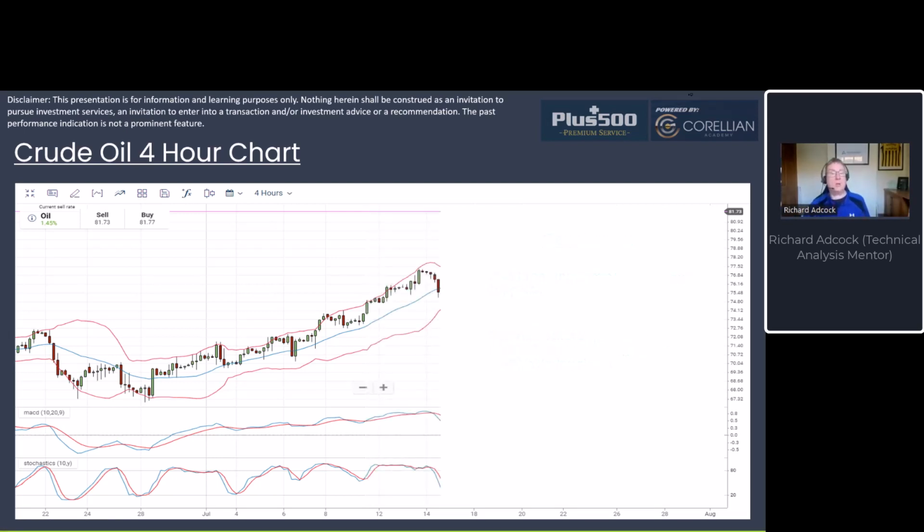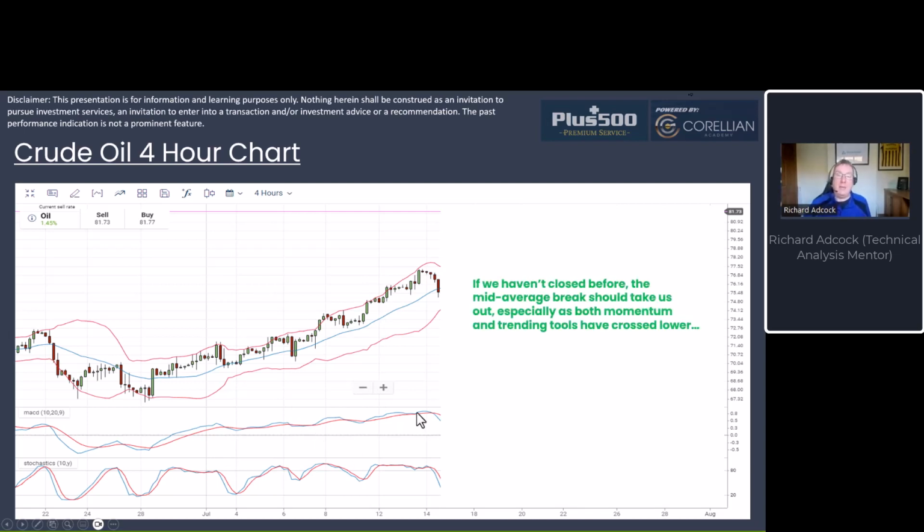And then as the market developed that move, we extended the upside move. The Bollinger Mid-Average was acting as a support point, and the market was trading in more positive themes, momentum rising, the MACD above zero. Now, if we hadn't closed our short-term long position against these resistance points, and to be honest, there wasn't really necessarily any signals technically to suggest we should.